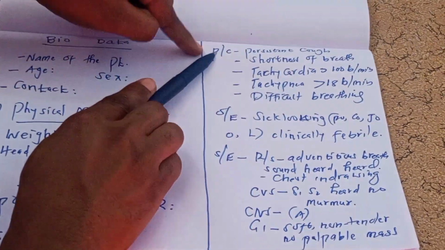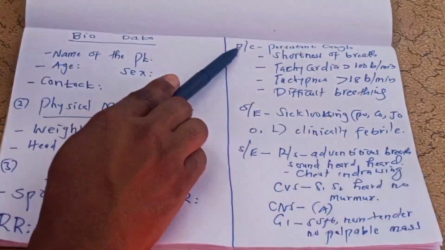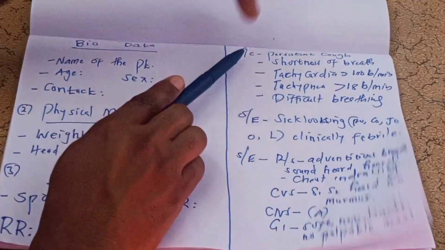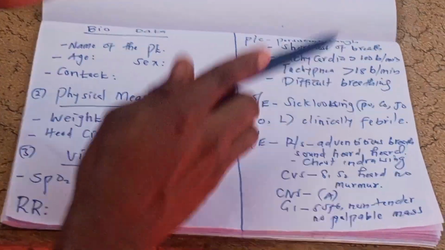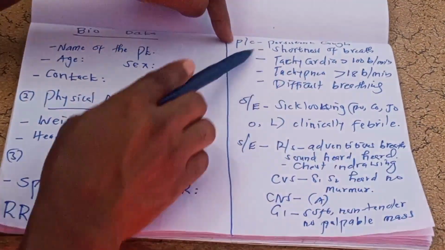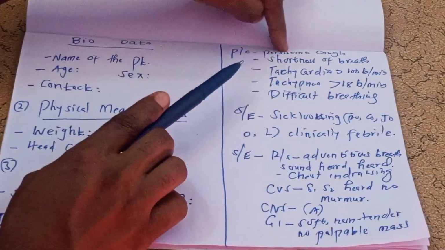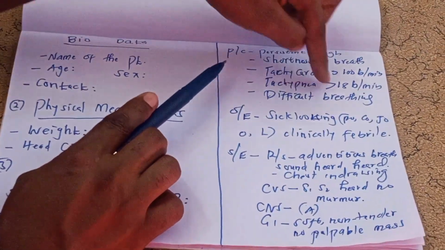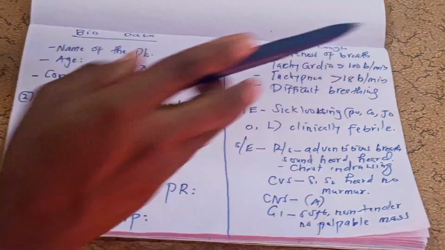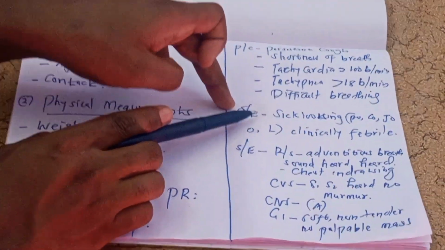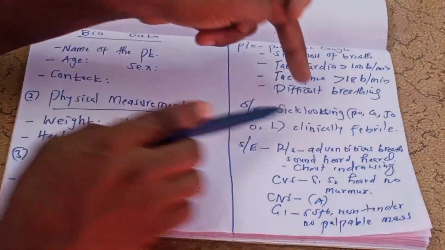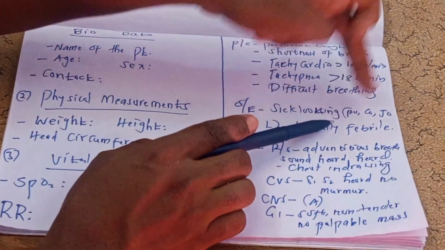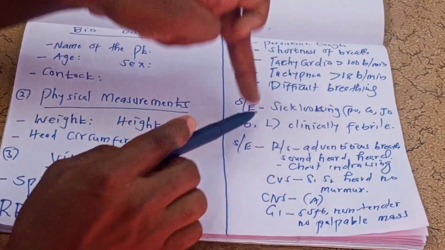Then you must take the history. For example, clinical history taking, that is you must write down all that your patient reports. For example, presenting complaint: persistent cough, shortness of breath, tachycardia, tachypnea, difficulty breathing. Then you go to the examination, that is physical examination: sick looking, PO, CO, GO, OL.